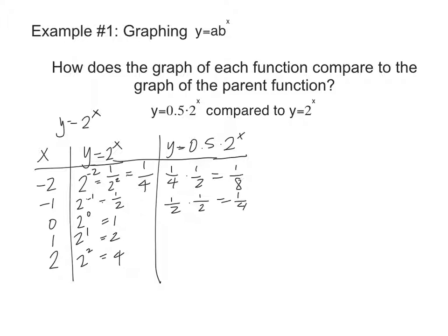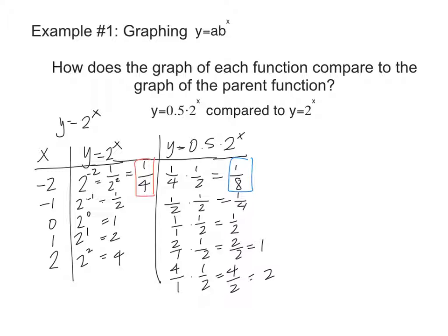Let me go ahead and show it. 1, which is really 1 over 1, times 1/2 is 1/2. 2 is really 2 over 1, times 1/2. It's going to be 2 over 2, which is 1. And then 4, which is 4 over 1, times 1/2 is 4 over 2, which is 2. Okay, so I will graph these in pink, and I will graph these in blue, and in the end we'll describe their transformation.